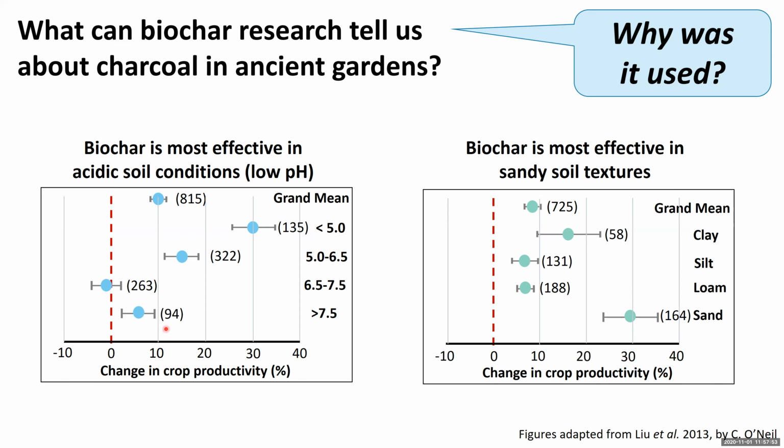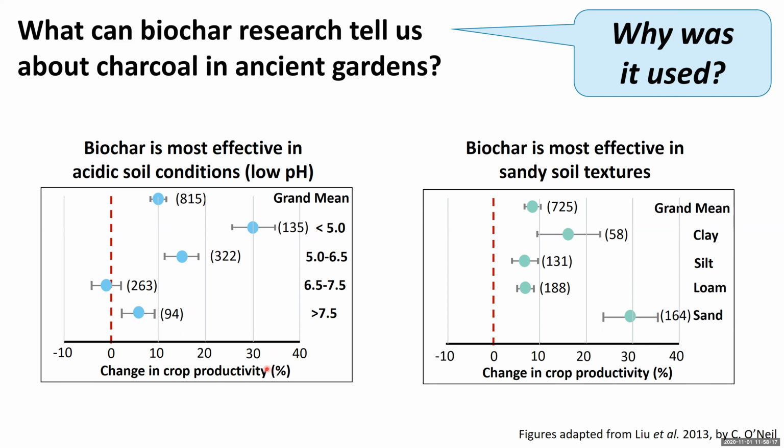For soils with pH between 5 and 6.5, biochar increases productivity by about 15%. And for the most acidic soils with pH less than 5, biochar increases crop productivity by 30%.